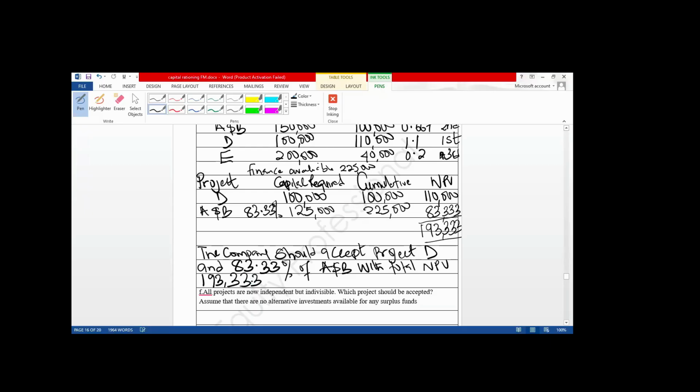You move to requirement A. All projects are independent but indivisible. Which project should be accepted? Now, projects are indivisible. That means you can't do fractions.